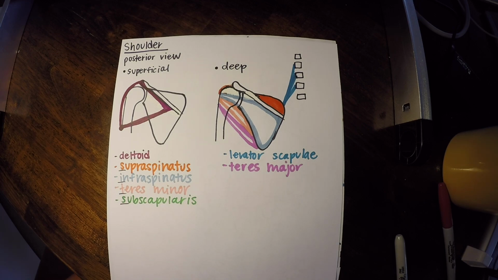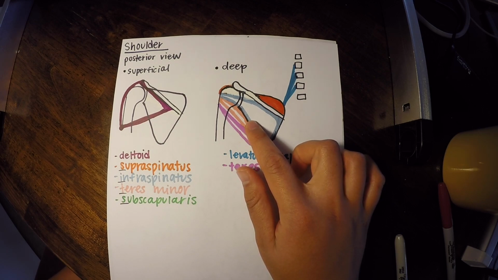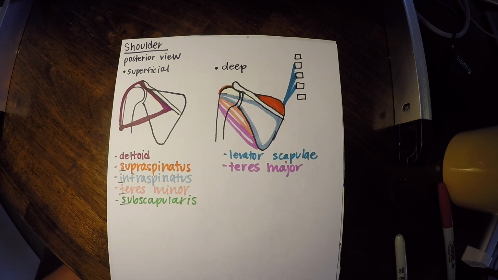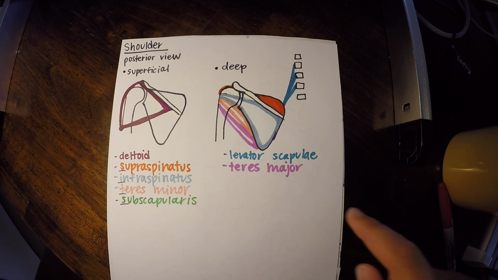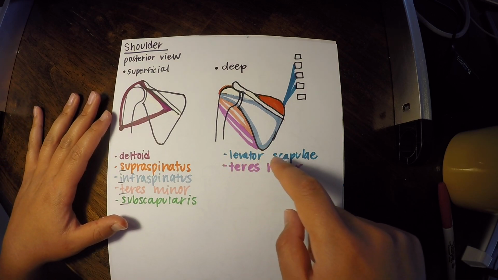Now, our infraspinatus and Teres Minor, oh, you know what? I actually just realized that I made a mistake. Our Teres Major shouldn't be drawn as it is. Teres Major is a little bit different. How it works is it actually attaches to the front part of the humerus.